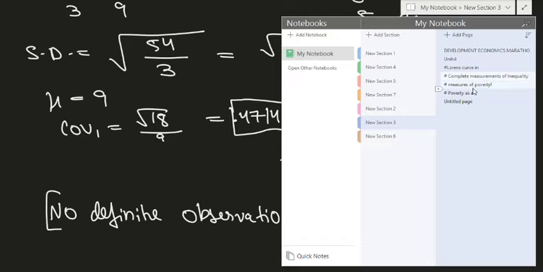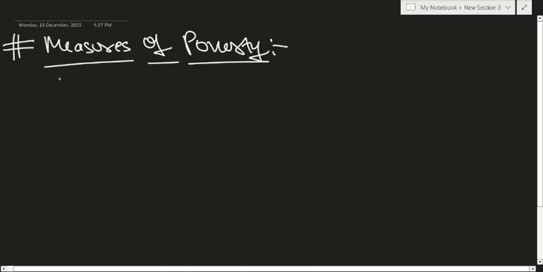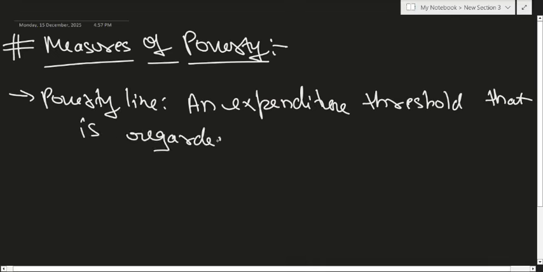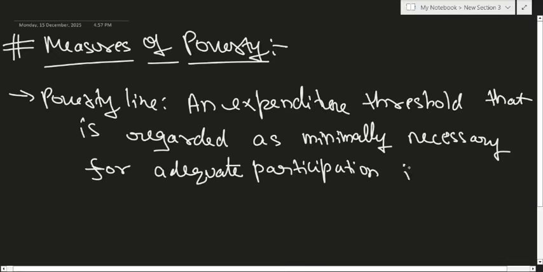Now we will move forward with our measures of poverty. First, we have the poverty line, which is an expenditure threshold that is regarded as minimally necessary for adequate participation in economic life.